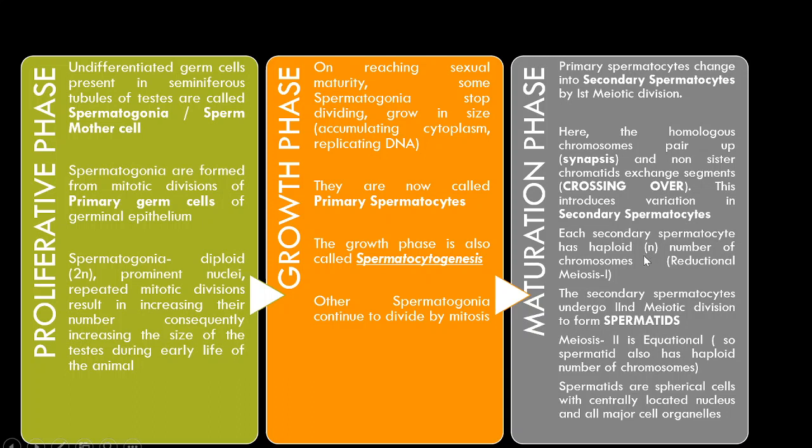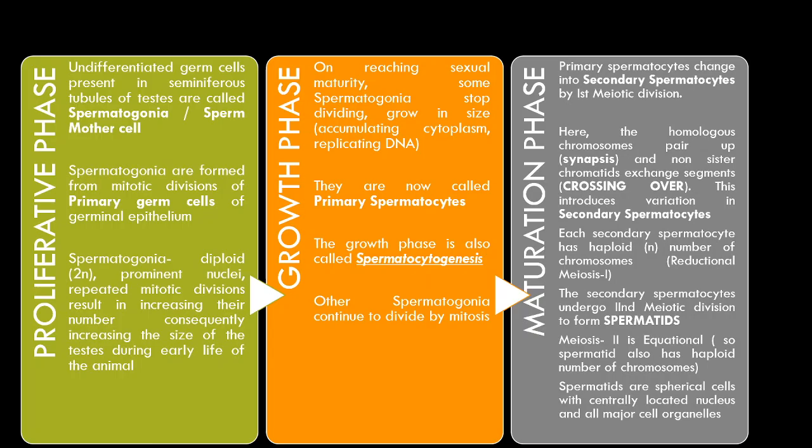As you know, the first phase of meiosis is reductional. Now in the second phase of meiosis, which is equational, the secondary spermatocytes will change into the spermatids. The spermatids are spherical cells and they have a centrally located nucleus and have all the major cell organelles.